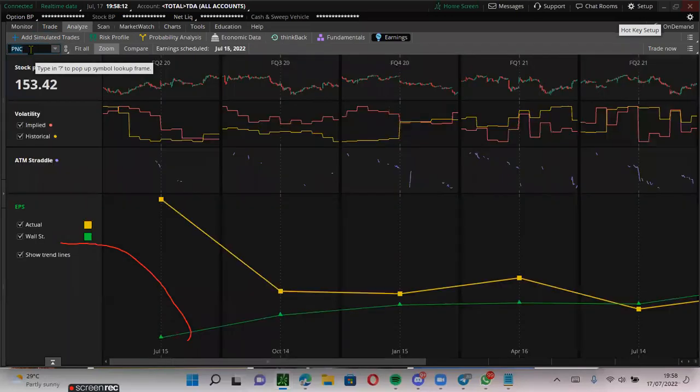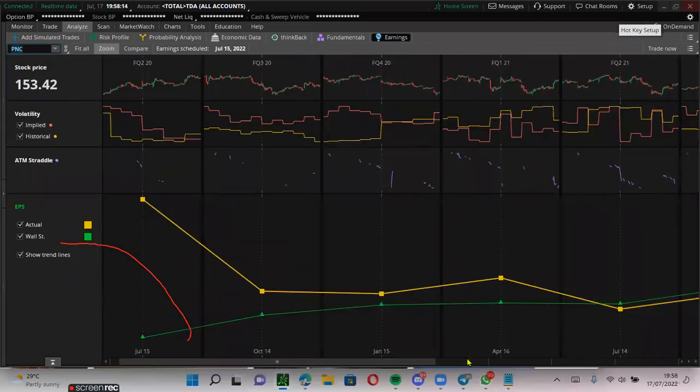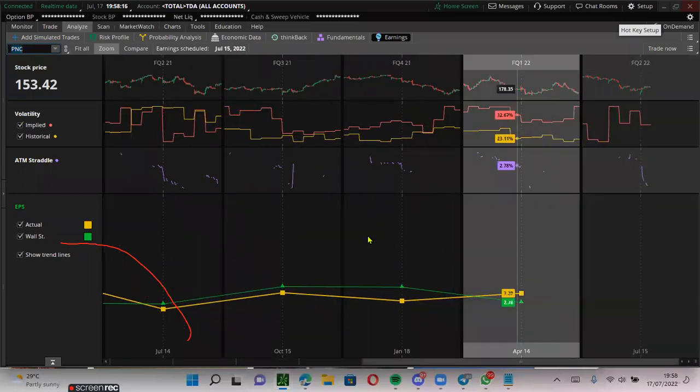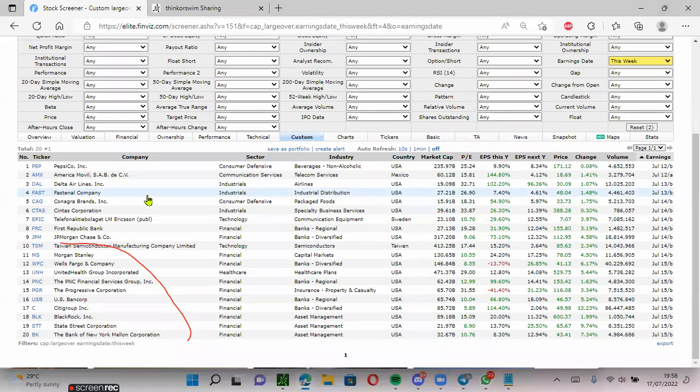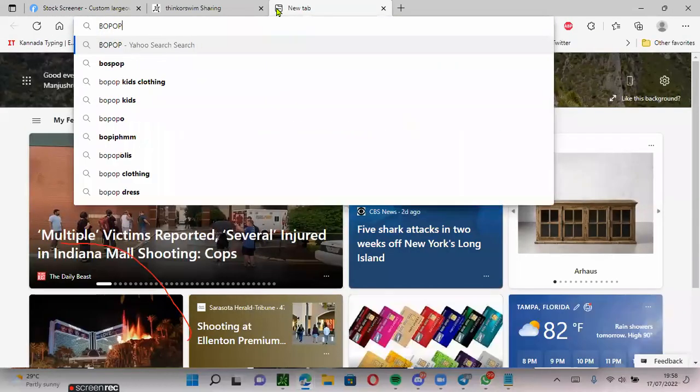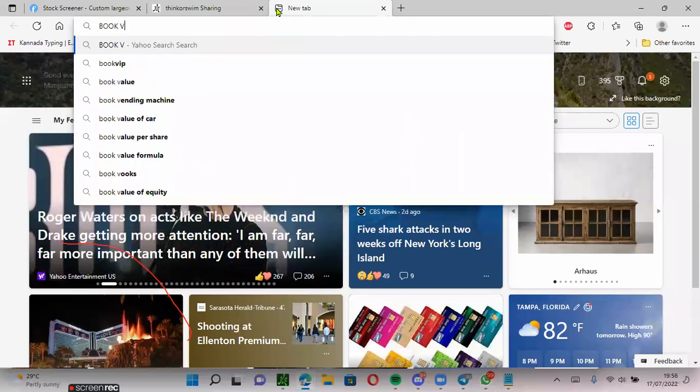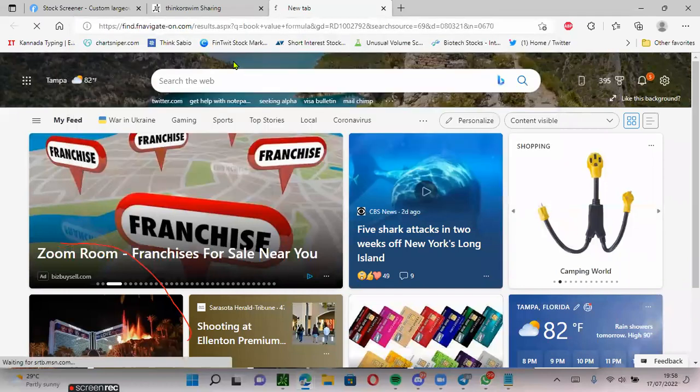Go ahead, I have a question. What is the book value? I read while looking at the City earnings that City is way below the book value, so it has potential to go up.